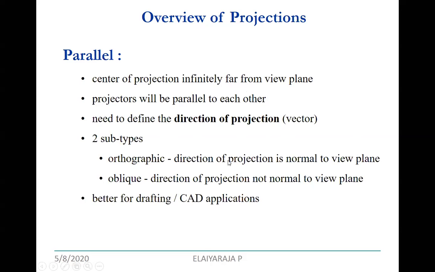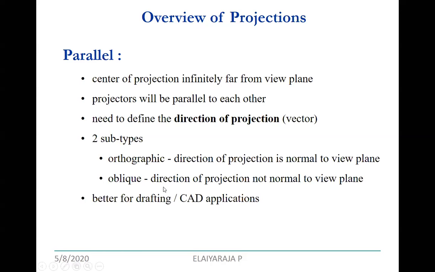In orthographic projection, the direction of projection is normal to the viewing plane, which means the projection is perpendicular, that is 90 degrees, to the viewing plane. We have one more type under parallel projection, that is oblique.